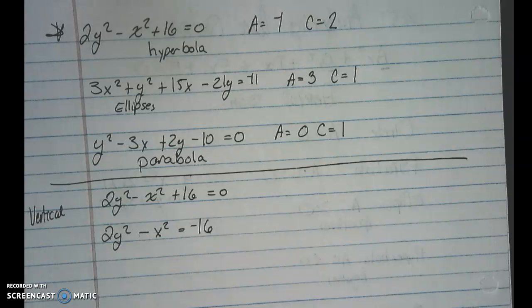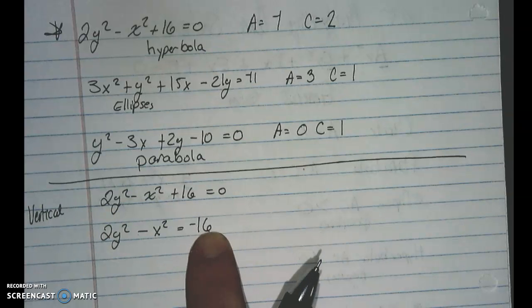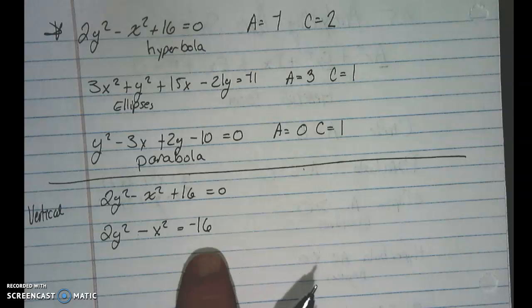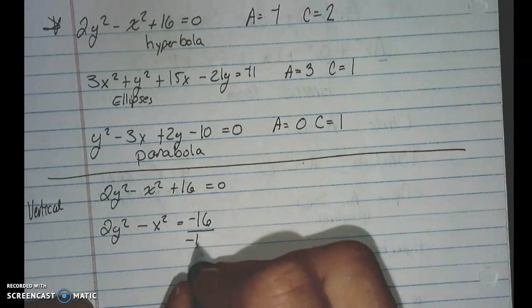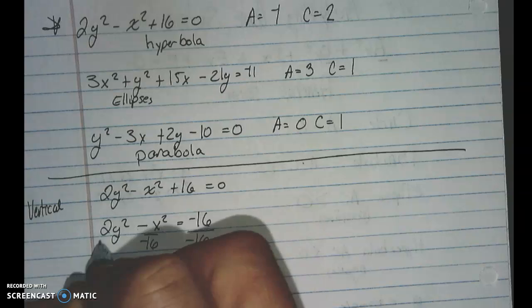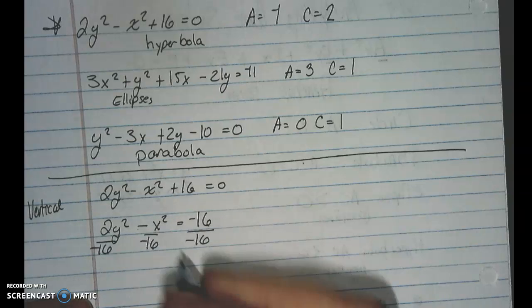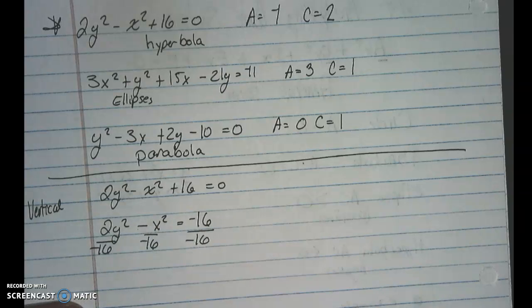With me? Okay. What does this side always have to be? This is correct. It's 1 for an ellipse and also 1 for a hyperbola. So I'm trying to do a review of what we were covering yesterday. So when I divide by negative 16, what happens to a negative and a negative?